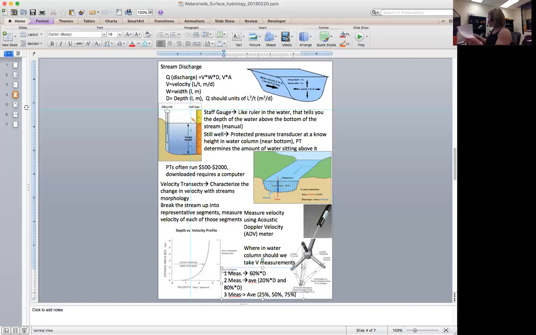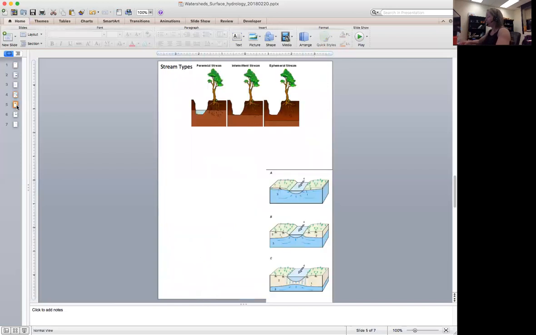All right, so the next part of today is we're going to focus a little bit more on thinking about the types of streams that are out there, and then more stream morphology.